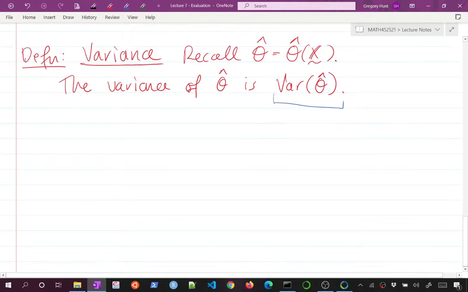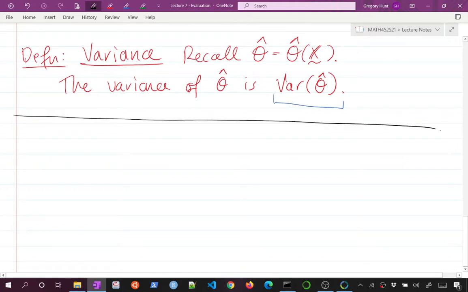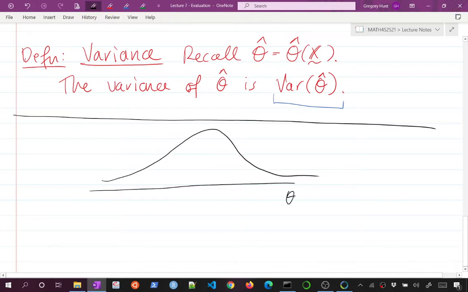So one way of thinking about bias and variance is that you could imagine I have my space of possible thetas, a theta axis, and theta hat is going to have some distribution. Maybe it's normal, maybe it's not, but generically I'm just going to draw some distribution.